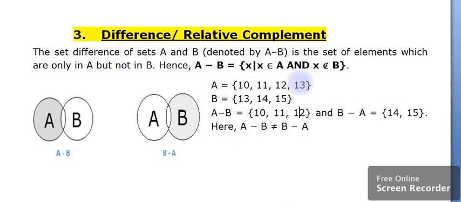But come to 13. 13 is also present in set B, so you remove it. So A minus B is 10, 11, 12. No need to write 13. Moreover, 14 and 15 do not appear in the resultant set.